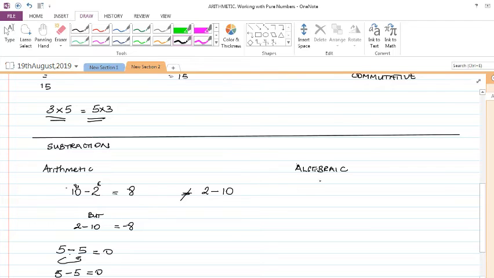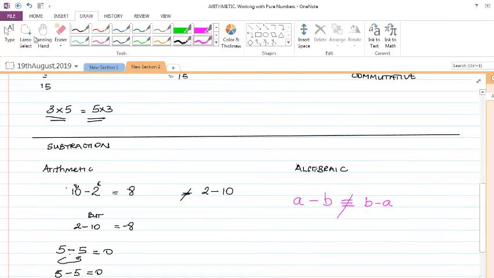Algebraically, I can write that a number A minus B will not always be equal to, this sign means always equal to and I draw a line through it, B take away A. Sometimes they can be equal, but this means I cannot say that it will always be equal.